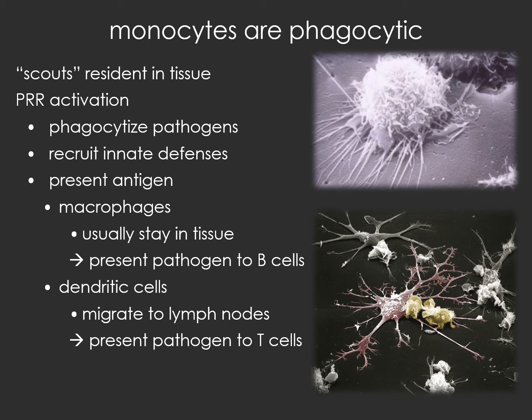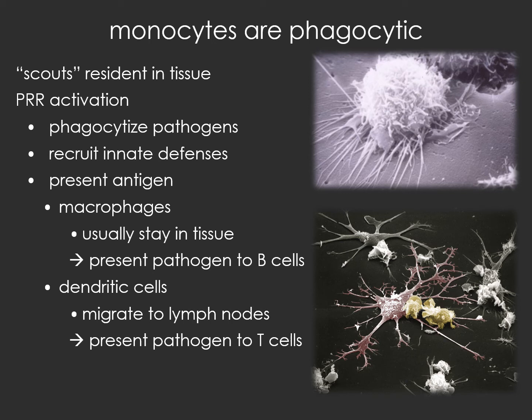So they're kind of up in their ivory tower in the lymph nodes, don't really know what's going on unless the monocytes, the macrophages and dendritic cells, have brought something to them and let them know that that thing is bad.